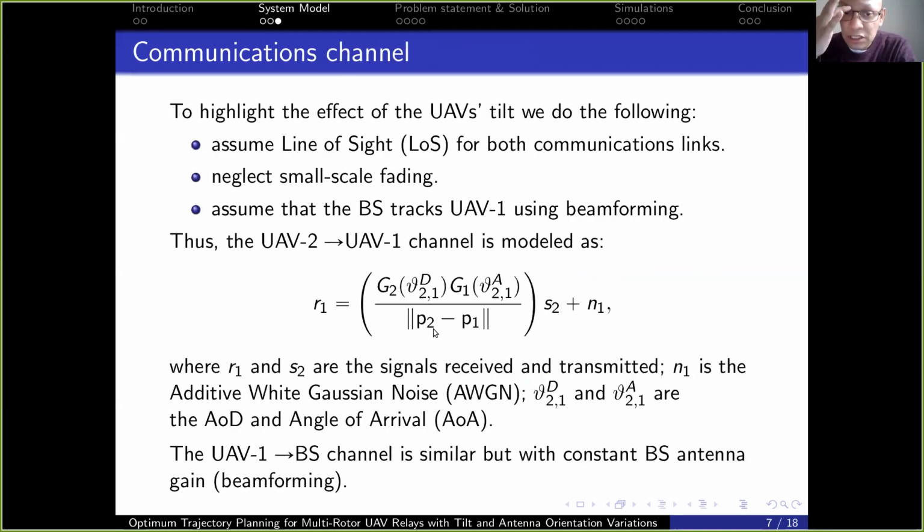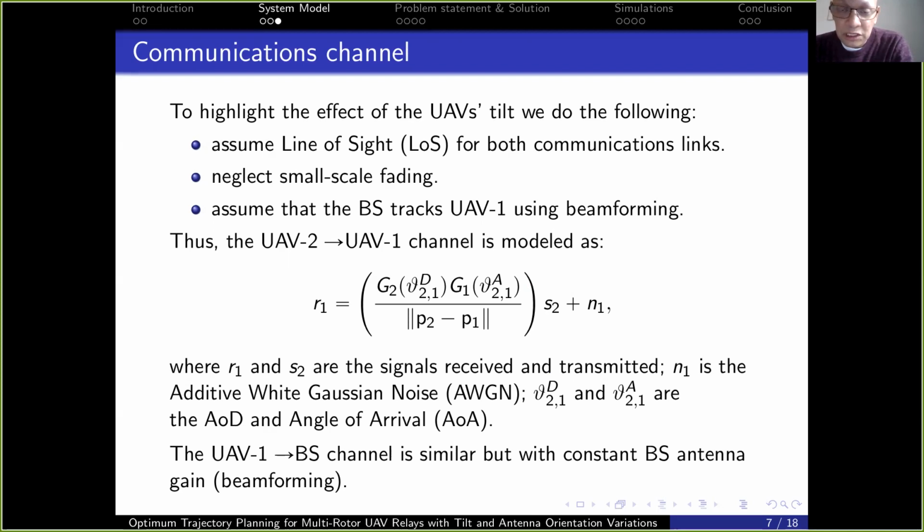Now, regarding the channel model, we are considering line of sight between the UAV1 and the UAV2, as well as between the UAV1 and the base station. We are neglecting the small scale fading. We are also considering that the base station has some beamforming that is always pointing towards the UAV1, and so we disregard the antenna radiation pattern of the base station.